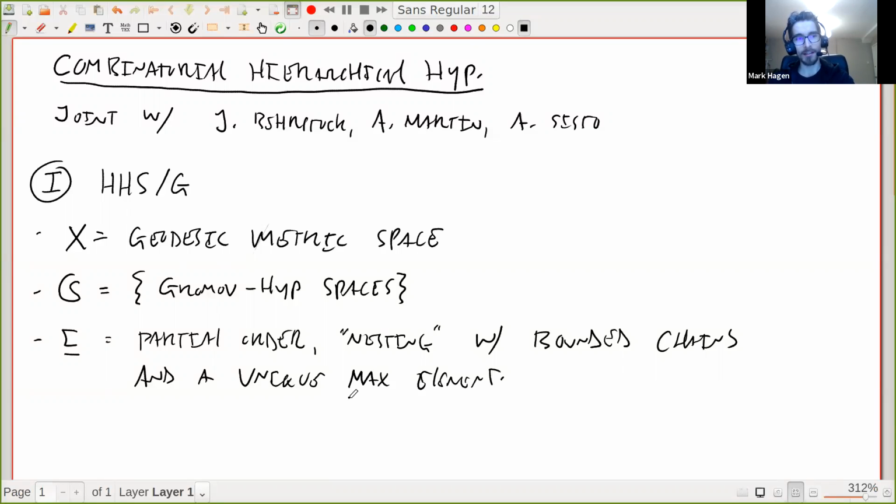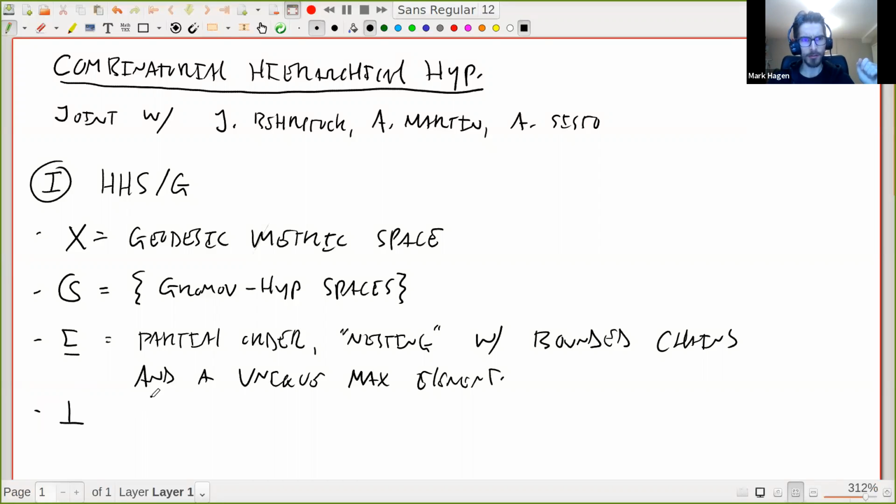Nesting of two subsurfaces: if you can isotope one to be a subsurface of the other, then the smaller one is nested in the bigger one. And in that example, X, the metric space, is just a Cayley graph of the mapping class group of the surface.